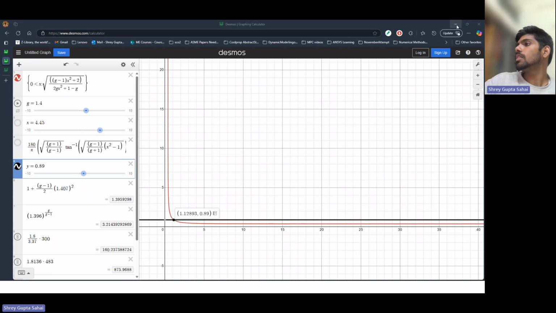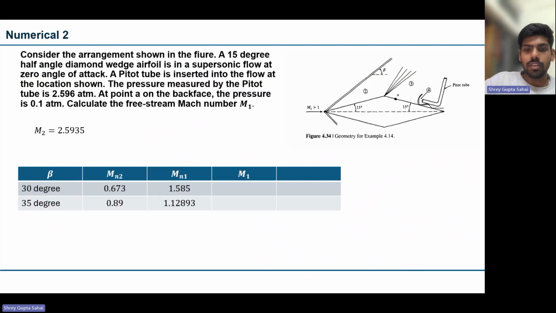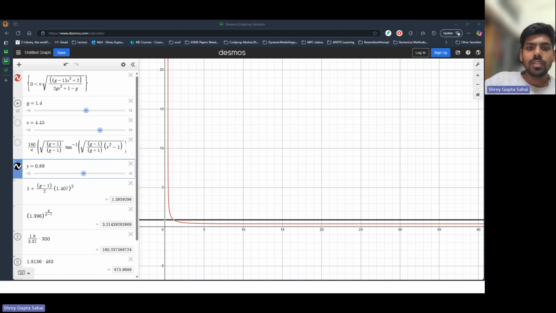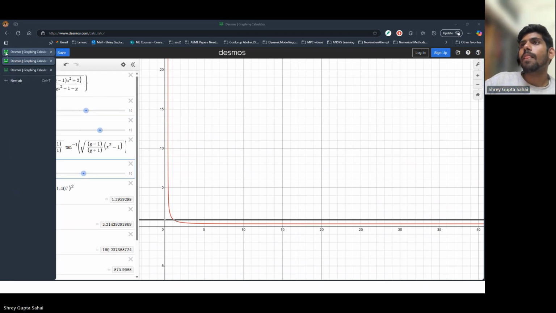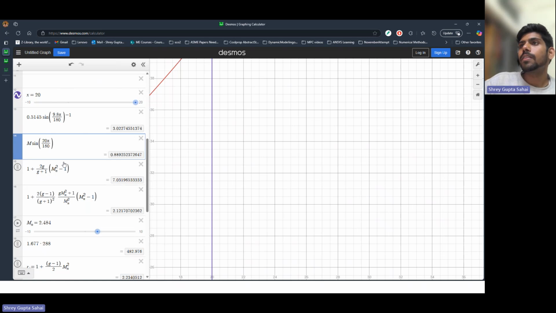What will be the Mn M1? So now we'll calculate Mn M1. If I have to calculate Mn1 M1, here you will have Mn1. These values will change. So beta is 30 here, and this value is 1.585. So this becomes 3.17.